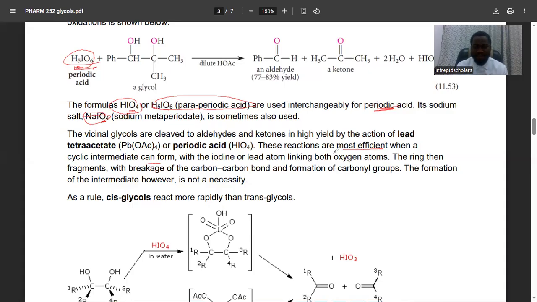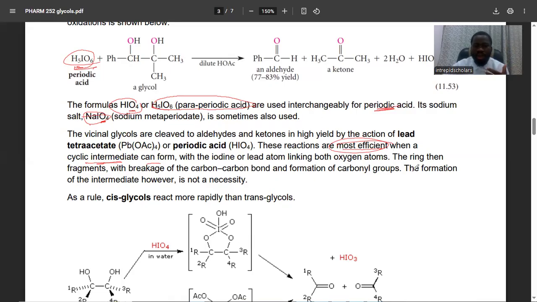Now, what they are saying is that if the glycols align themselves such that we can form a cyclic intermediate, we get a more efficient reaction. That will mean that the process can occur in an inefficient way without the cyclic intermediate, but it can still occur. So that point is telling us something that will make the process more efficient, but the process can still occur without it because there are inefficient processes that occur every time.